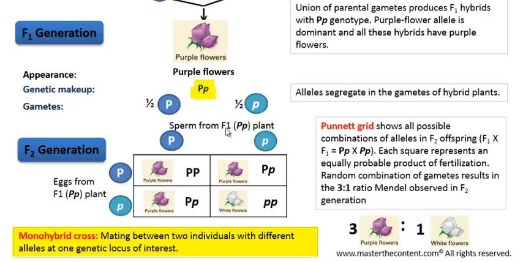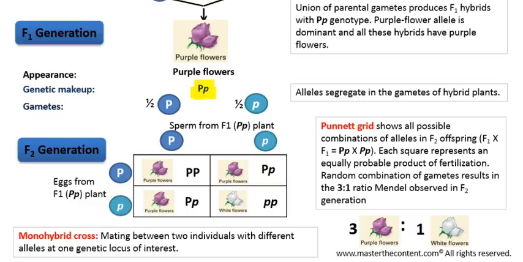Selfing or self-pollinating or cross-pollinating the F1 hybrids is an example of what we call a monohybrid cross. So that's pretty much how the cross happens, going from the parental generation to the first filial generation to the second filial generation.